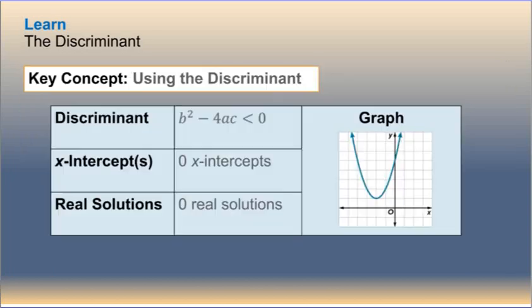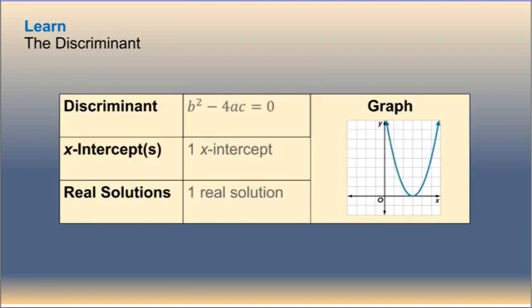If the discriminant is negative, that means you would have 0 x-intercepts. So there isn't anything in there, and that means you have no real solution because it never crosses the x-axis.